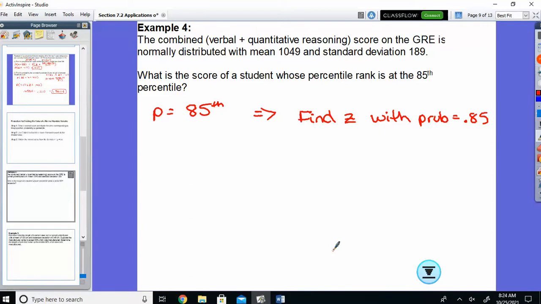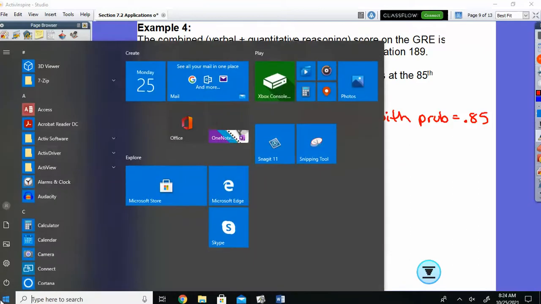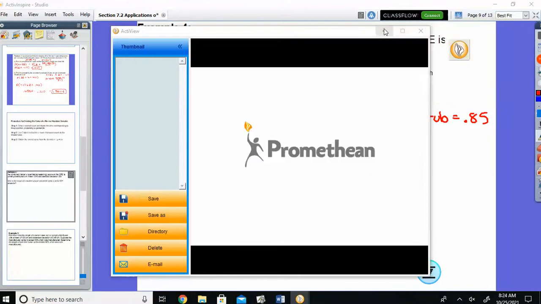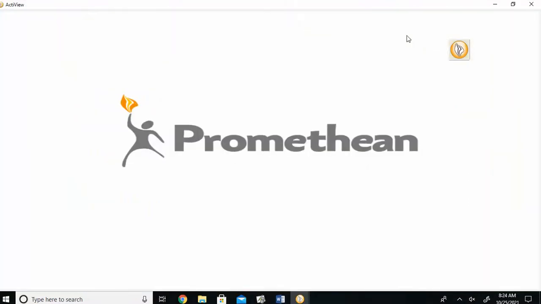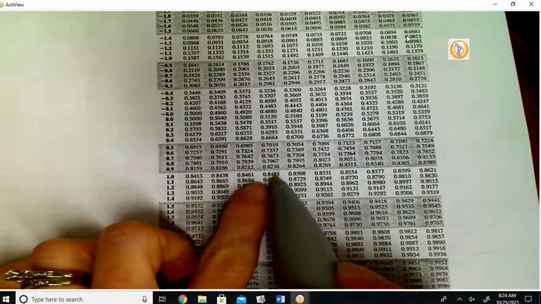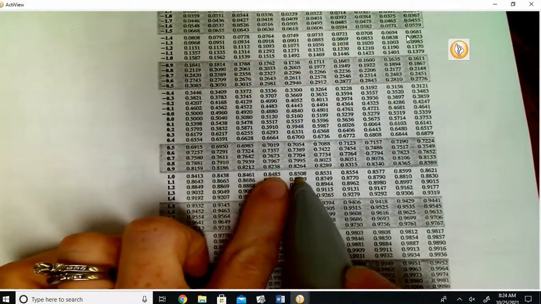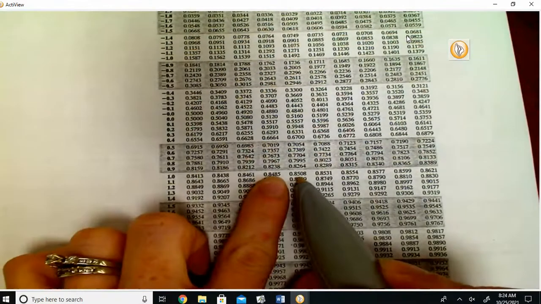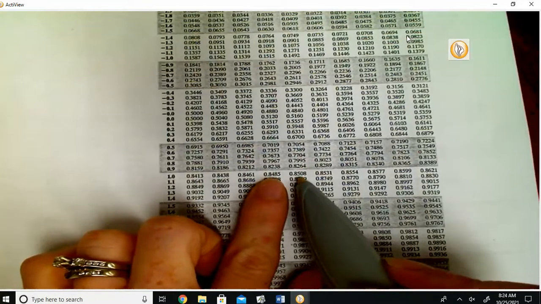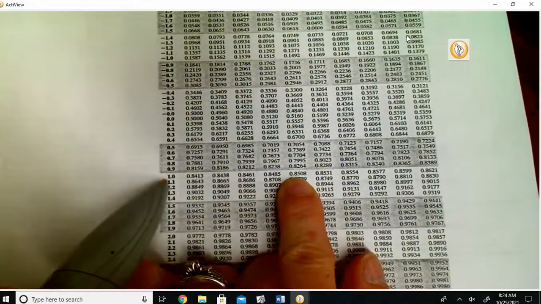We want to get as close to that as we can, so we're working backwards. I'm looking for when my probability was 0.85. I see here's 0.8485 and 0.8508, so I'm not going to be able to be exact here. Which of those is the closest that we can get to 85%? 0.8508. So we're going to use this one.